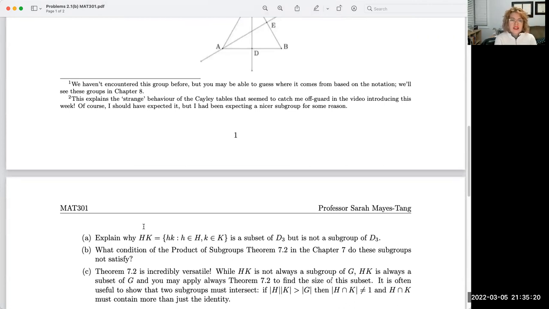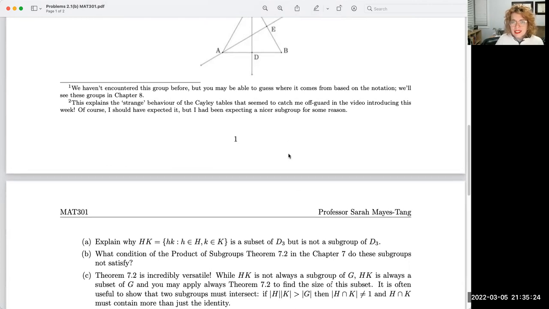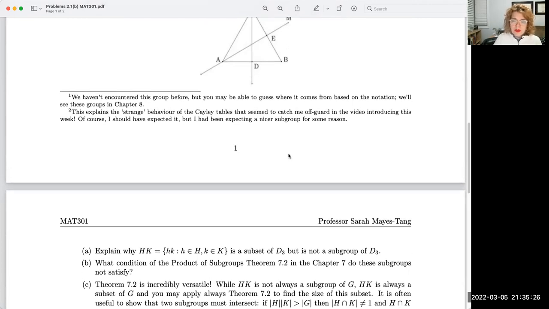And this product is a subset, but not a subgroup because it isn't closed. If you do a couple of the actions side by side, so you do an H action and then a K action, you will not get closure. You'll get, I think, the third flip that isn't in either one of these.